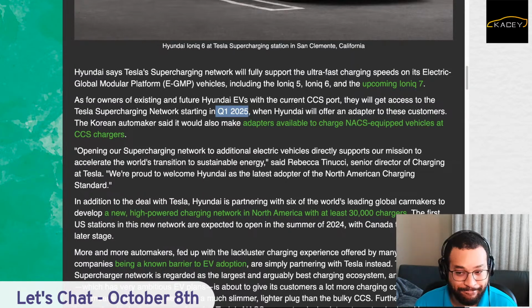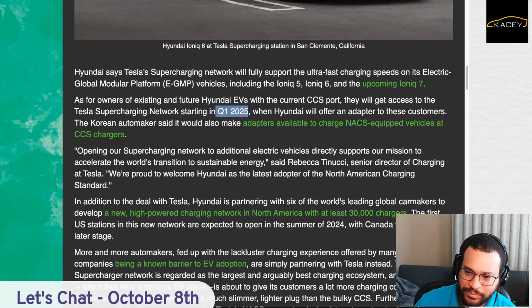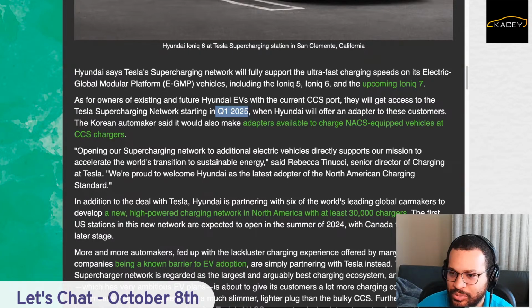Hyundai said, nah, that ain't gonna happen, bro. 2025 for your adapters, which kind of means that you don't want to get a non-native Hyundai unless you've already got it, or the price is just really good, because you're going to be a year behind everybody else with the ability to just travel freely on the Supercharger Social.